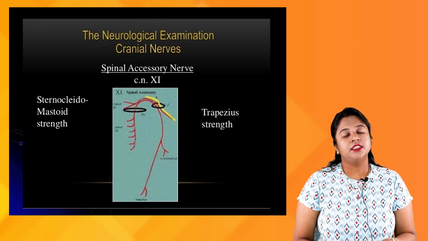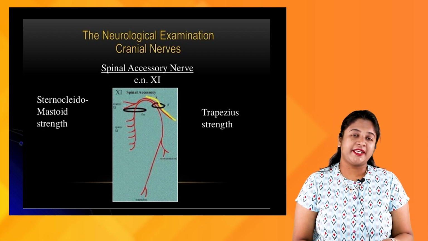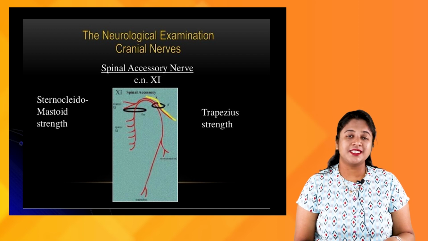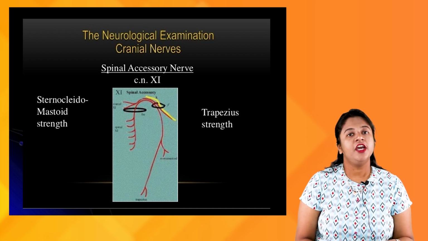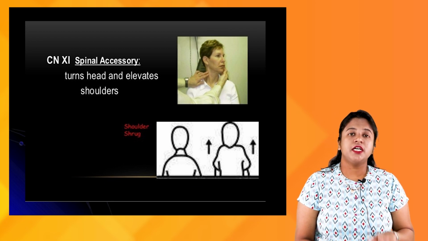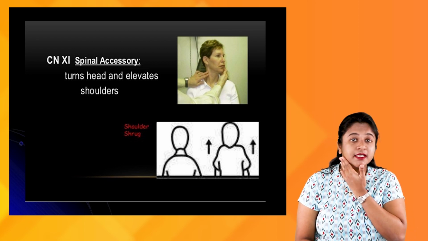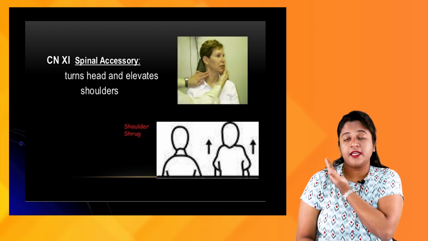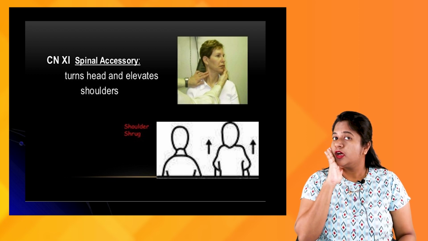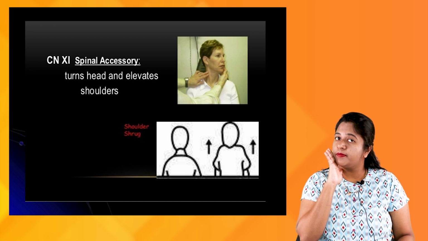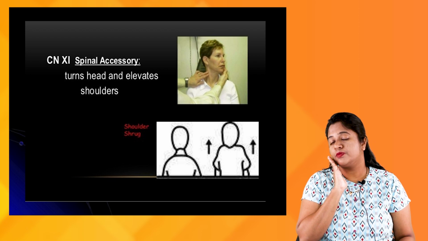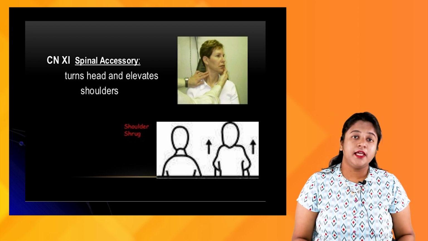Coming to the 11th cranial nerve, which is the spinal accessory nerve. So you're going to do the assessment of the sternocleidomastoid muscle and the trapezius muscle. So for this test, you ask the patient to turn his head towards the side against the resistance. So as an examiner, you can place your hand beside and make the patient move against the resistance of your hand. So both towards the right as well as the left.